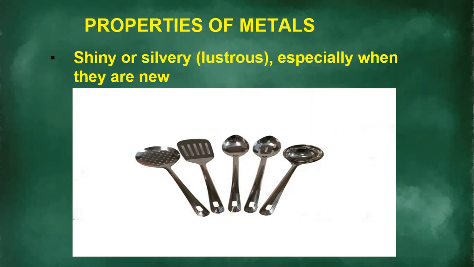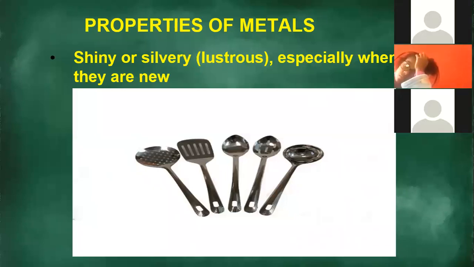Class, the main reason why metals lose their shininess is because as they're used throughout the days and the weeks and the years, they get tiny little scratches, okay? And those tiny little scratches become so many that the surface is no longer fine enough and therefore they stop shining. So that's why they need to be polished again.